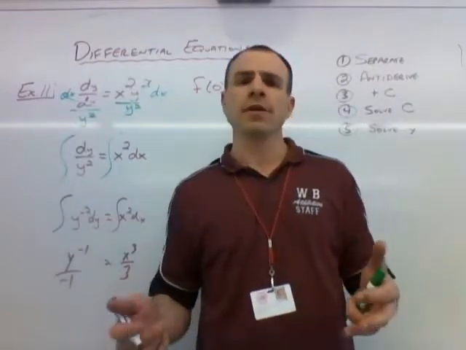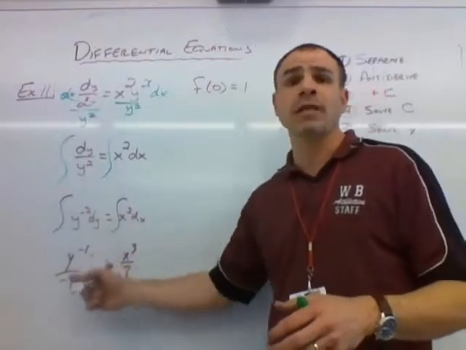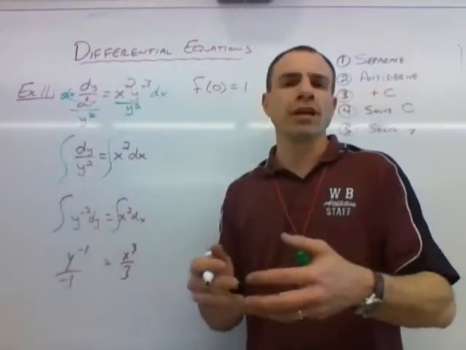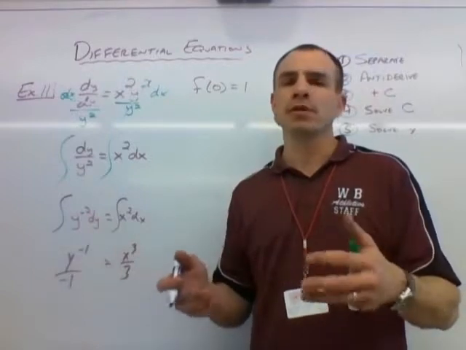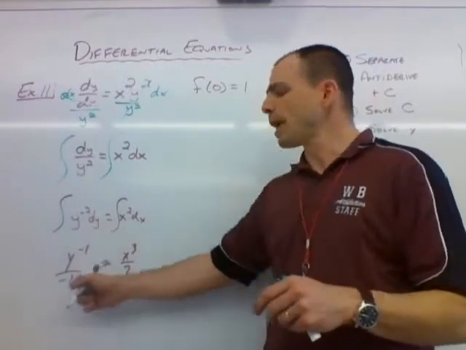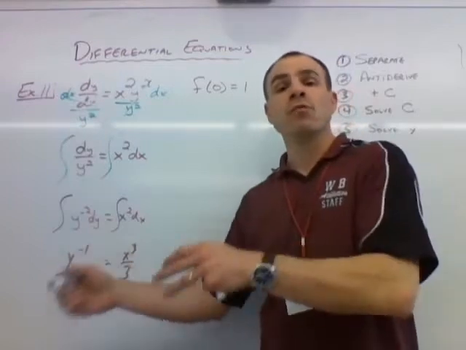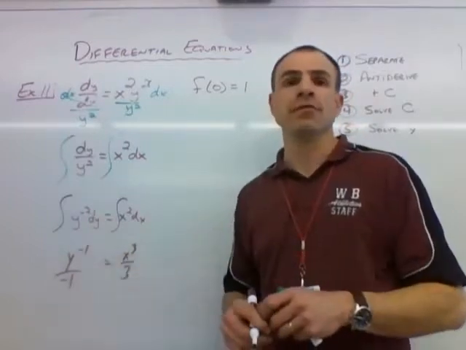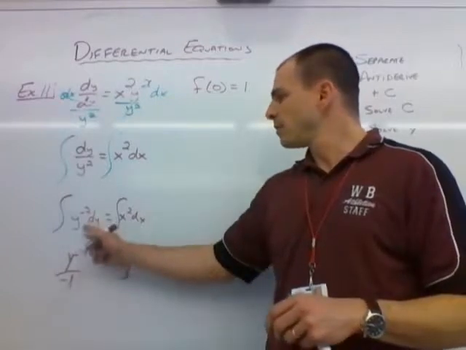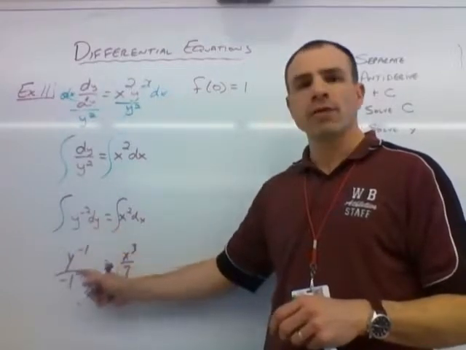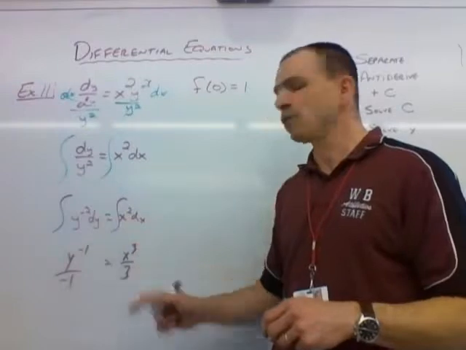If the antiderivatives aren't that bad, and these are considered not that bad, then it's probably 1 point combined for both antiderivatives. But if one of the antiderivatives is a little bit hairy, then you'll get one point for each antiderivative which you find correctly. So we have y to the negative 2 going to y to the negative 1 over negative 1, and x squared going to x cubed over 3.